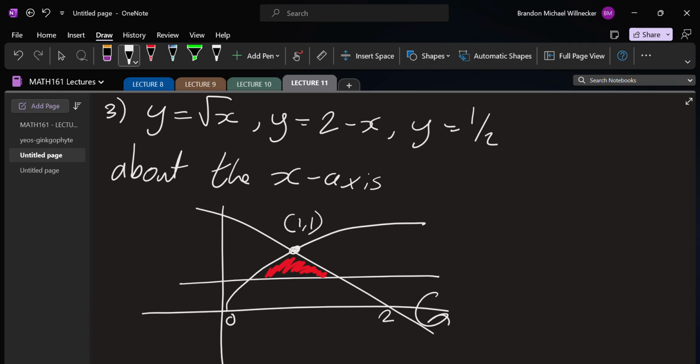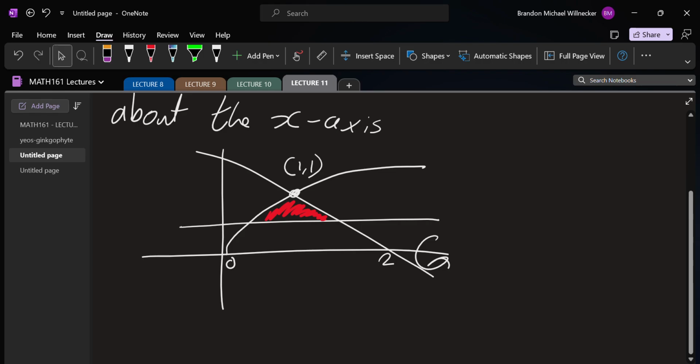You see, from here to here, this root function is the outer radius. From here to here, the line is now the outer radius. Does everyone see how it changes? So from here to here, this will be the inner radius, this will be the outer radius. From this point to this point, this will still be the inner radius, but now this will be the outer radius. It changes as we go across.